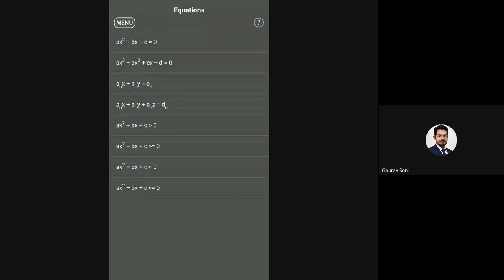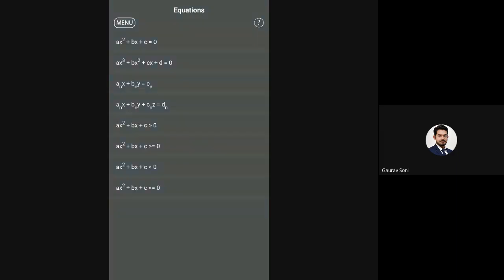Are you with me? So in your calc, what you do is you press mode. Once you press mode, later you will have to take equations. In that equation, now you can see on my mobile screen ax cube plus bx square plus cx plus d equal to 0.